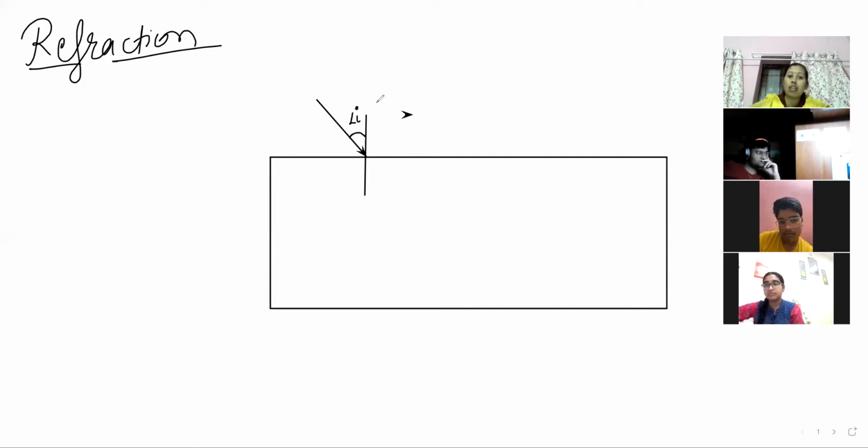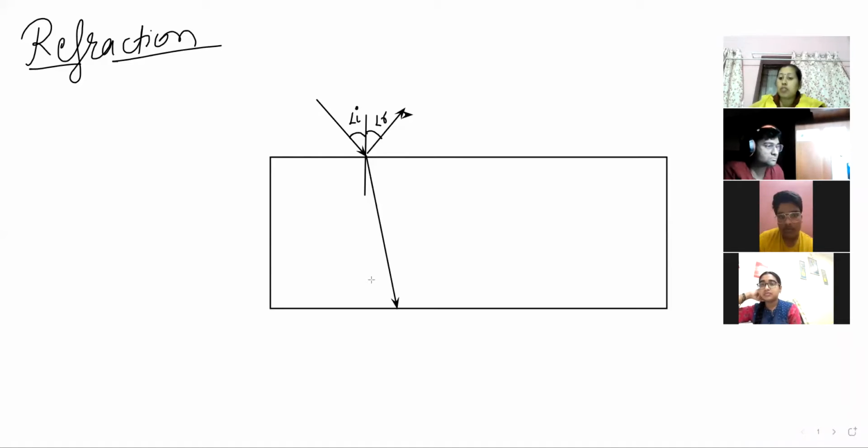Some part of the light reflects back with the same angle. That is the angle of reflection. But most of the light will move towards the normal. Understood?